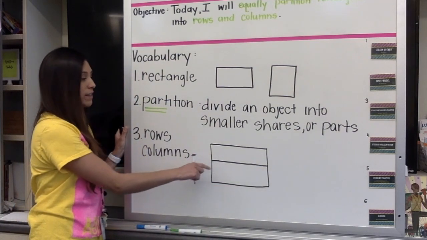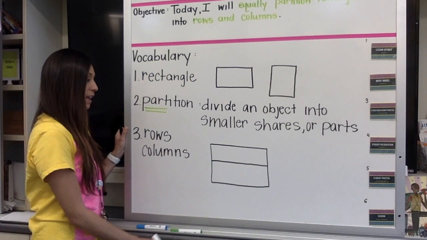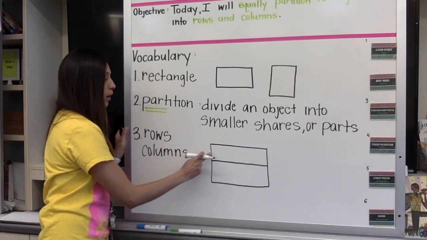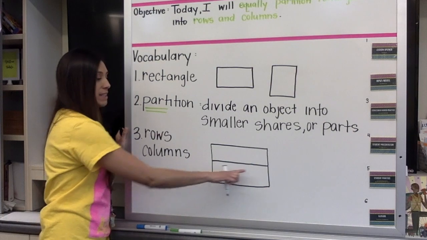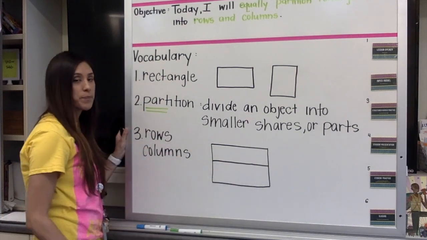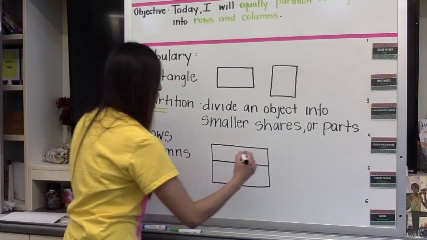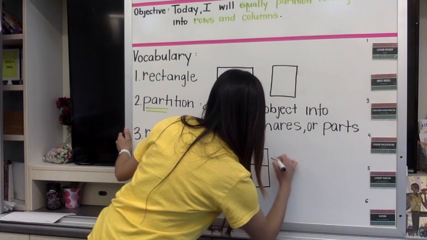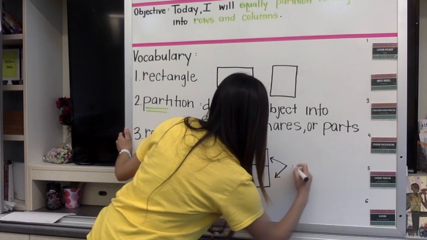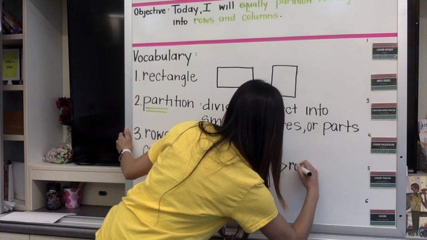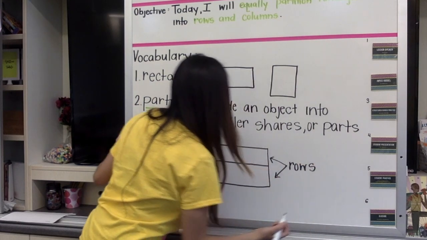So now in this rectangle, I can see that I have one row and I have a second row, all right? So these sideways ones, these sideways shares are called rows.